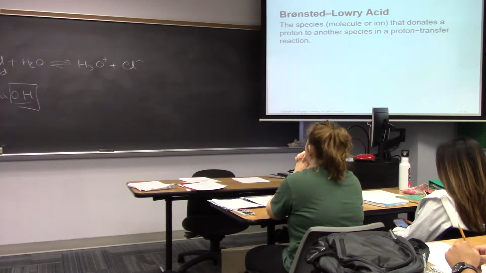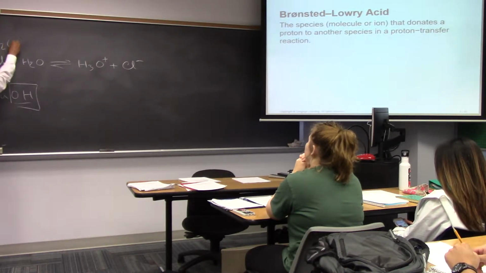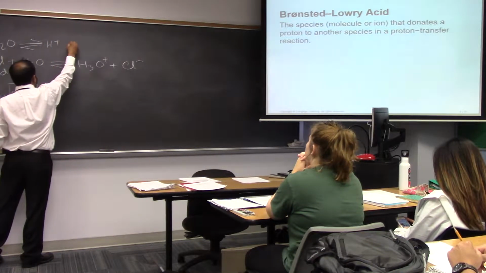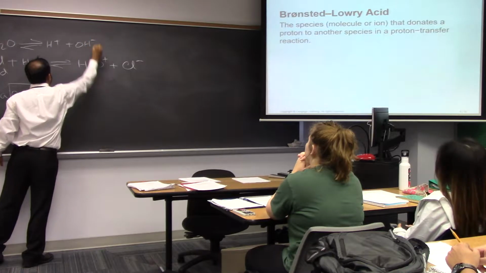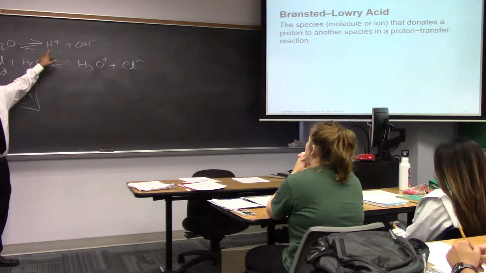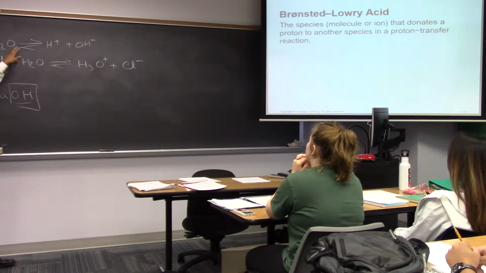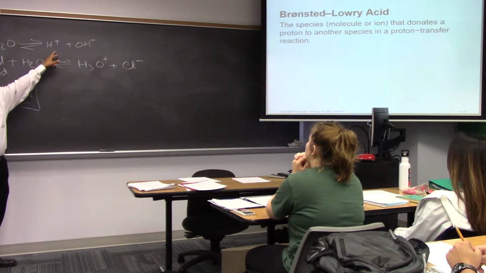H2O has H plus and hydroxide minus, the same H plus that HCl has. But Bronsted-Lowry define it as a proton instead of calling it hydrogen ion.